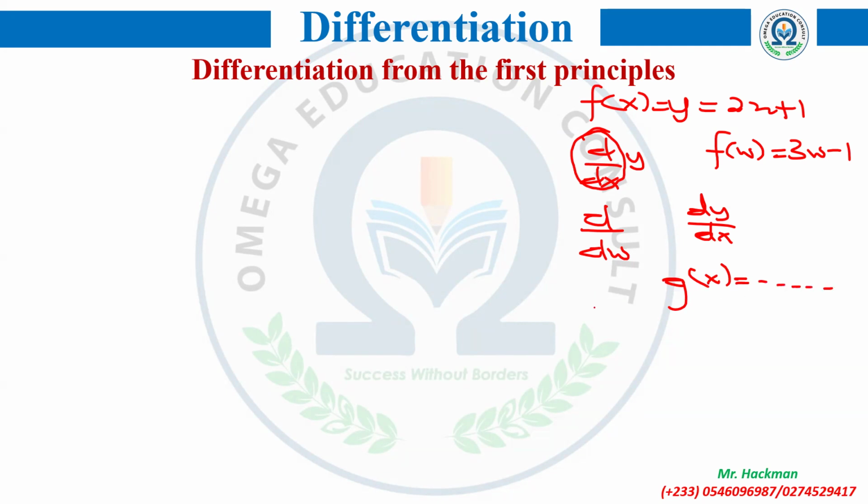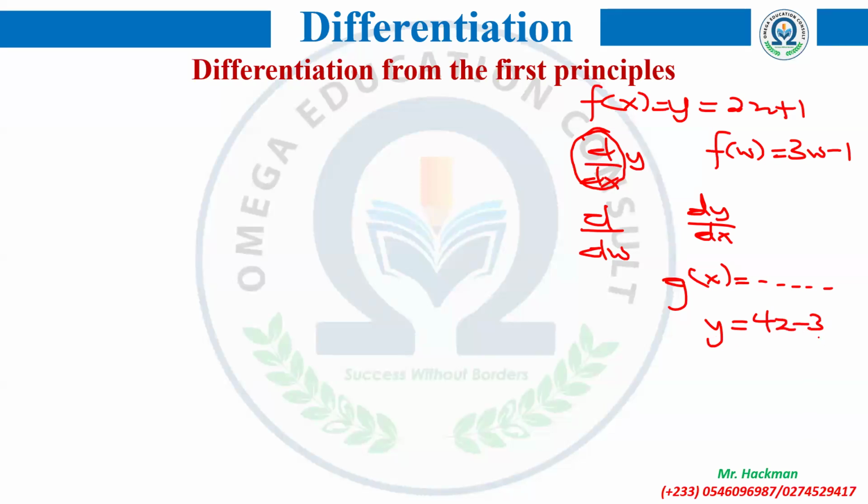Let me still go by the y and start with the y. I'll come to the function with its name. If I have y equal to maybe 4z minus 3.